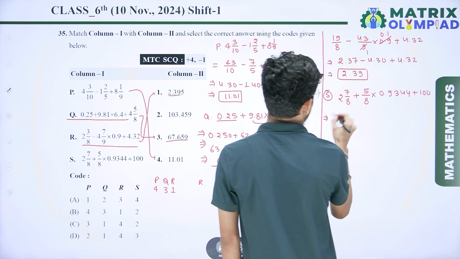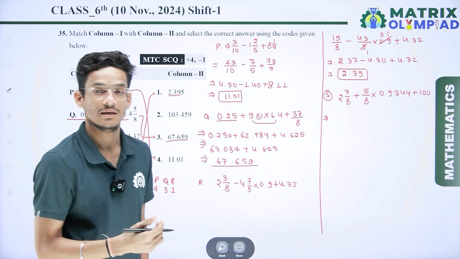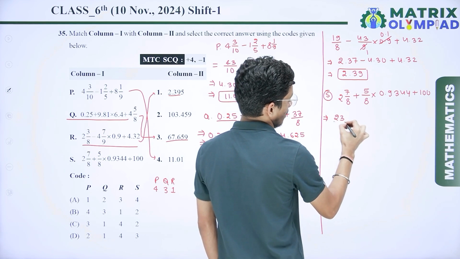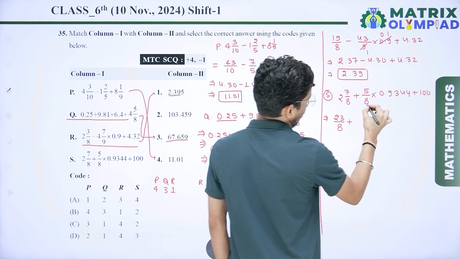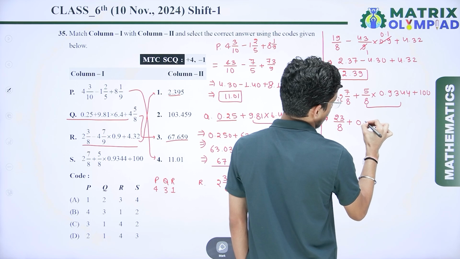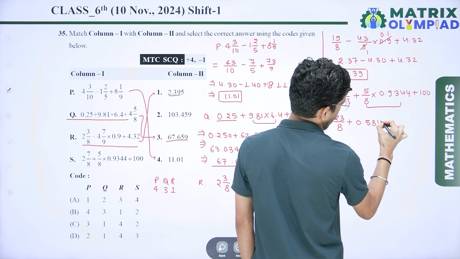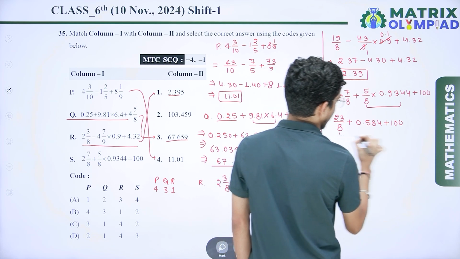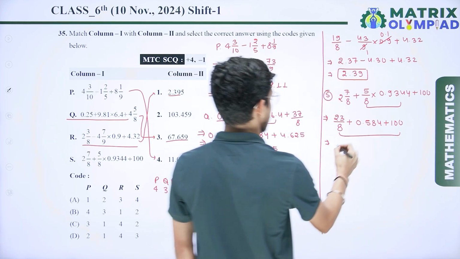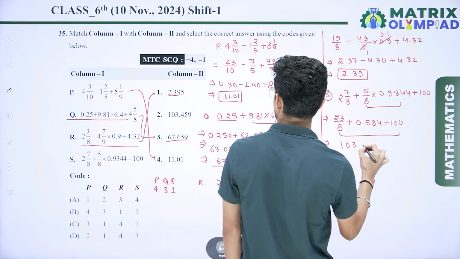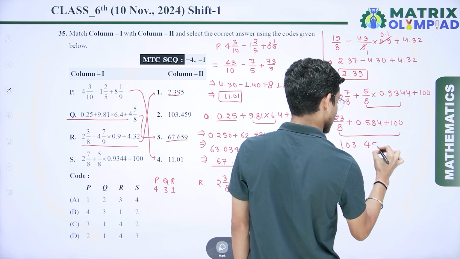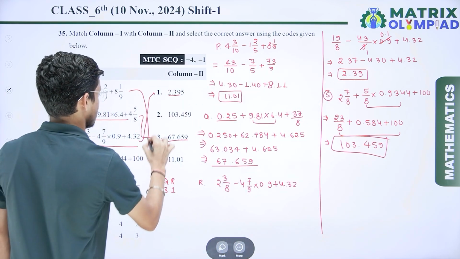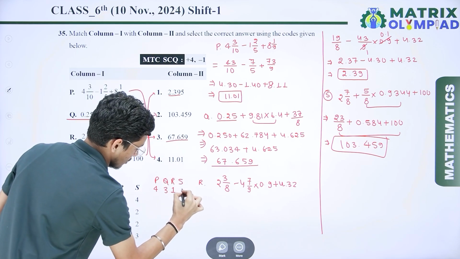So we know 8 twos are 16 and 16 plus 7, that is 23/8 plus, if I simplify here, I get the answer 0.584 plus 100. So if I simplify this one, we get the answer 103.459. So check which option is correct here. So S is connected to 2. It means S is connected to 2.